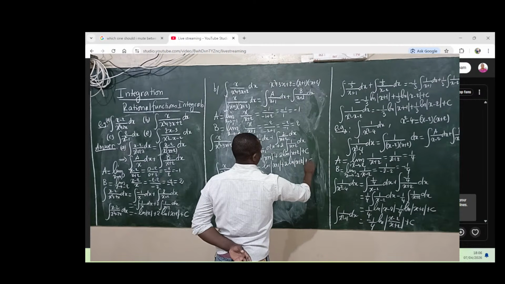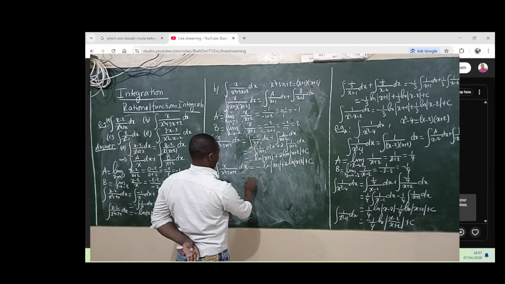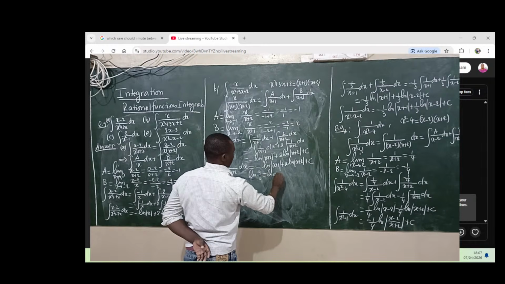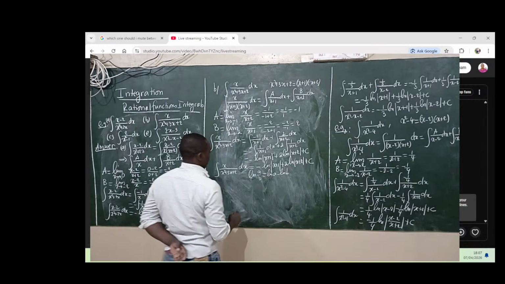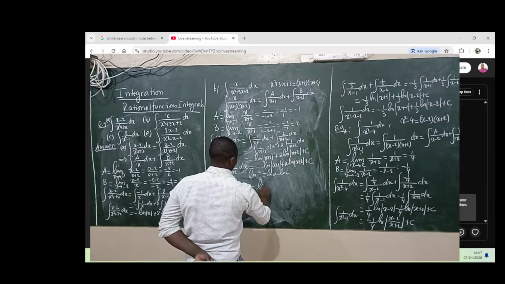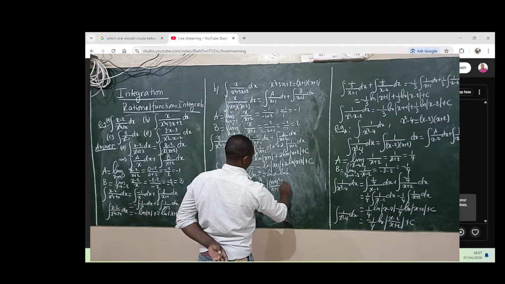It can also be, following the properties ln A by B, which is ln A minus that of B, this can be ln of the square of x plus 2 divided by x plus 1 plus constant.